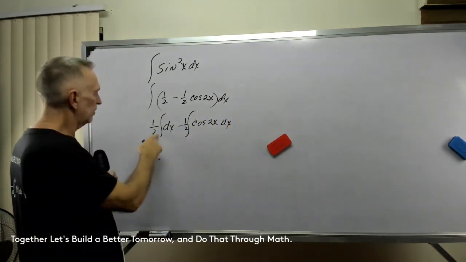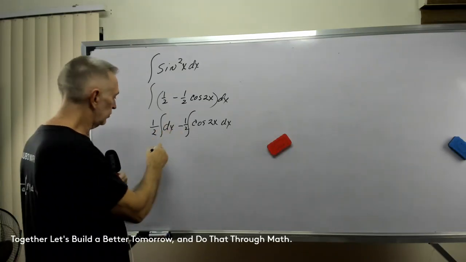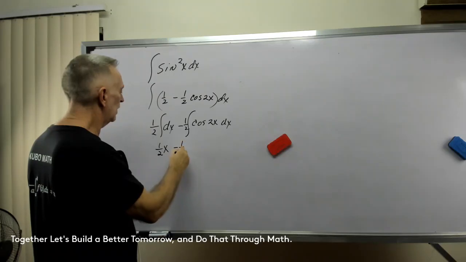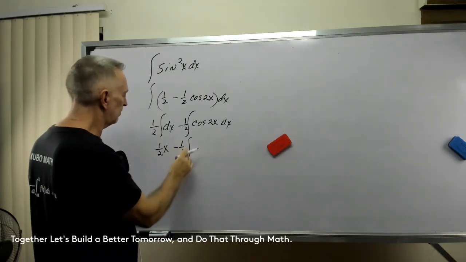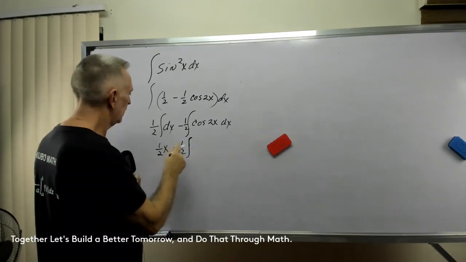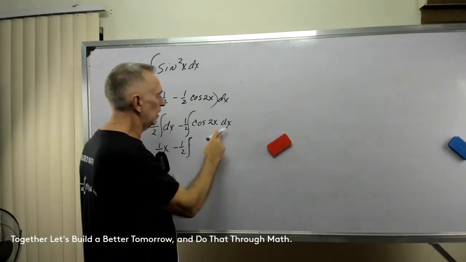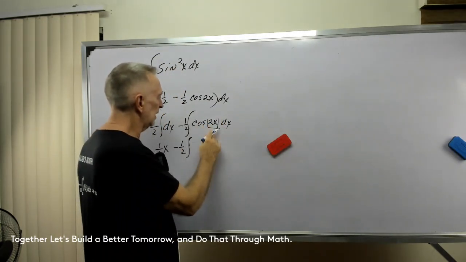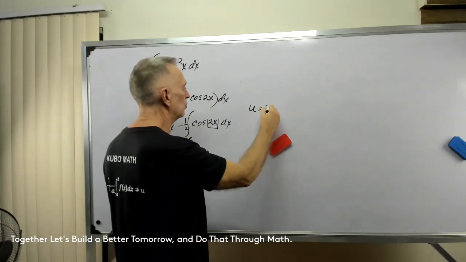We know the integral of 1/2 dx is just 1/2 x, minus 1/2 the integral of cosine 2x dx. Let's work with the inside. Let u equal 2x.